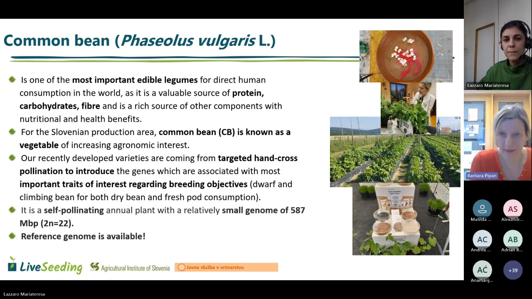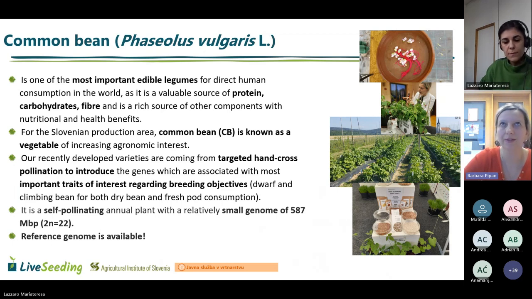At KIS, our institute, our recently developed varieties come from targeted hand cross-pollination, with the aim of introducing genes associated with the most important traits of interest regarding breeding objectives. Common bean has different growth habits: dwarf and climbing types, and we use it for fresh pod consumption and for dry seeds.